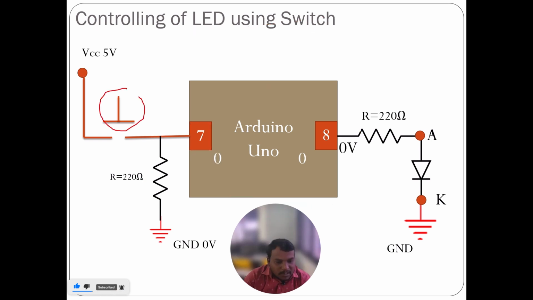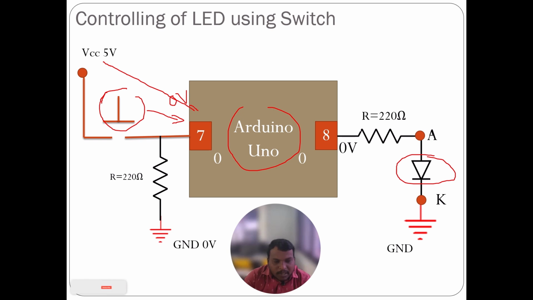This is the switch. When I don't press it, it is off, which means 0 volts is coming from the push button to pin number 7. So Arduino understands that at pin 7 there is no voltage, only 0 volts.